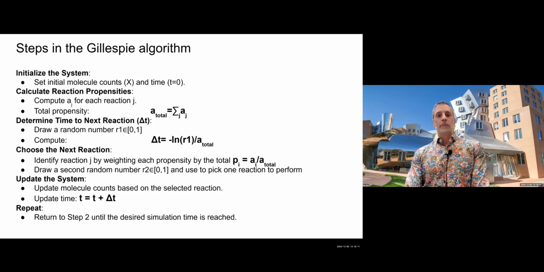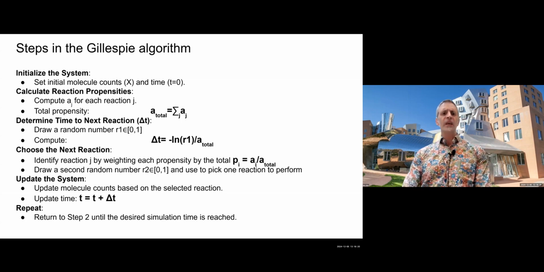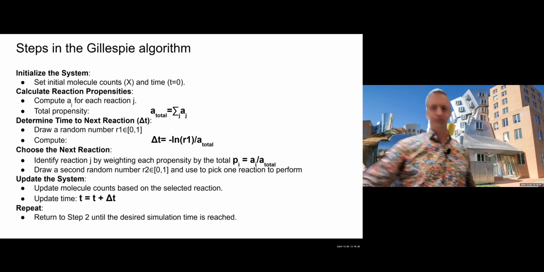So I kind of gave you an overview of the general algorithm, but we can break it down more precisely. Initially we'll set up the system with some initial concentrations.